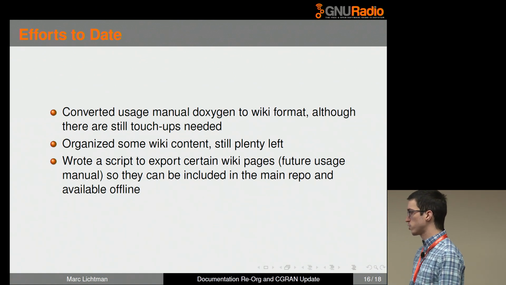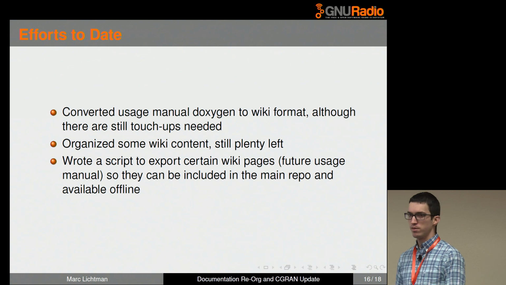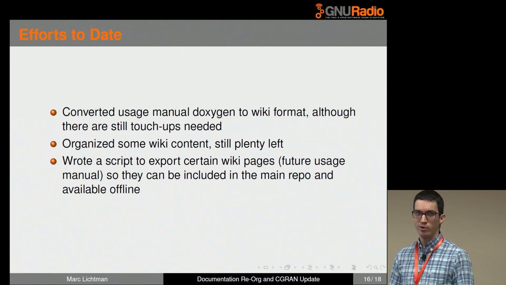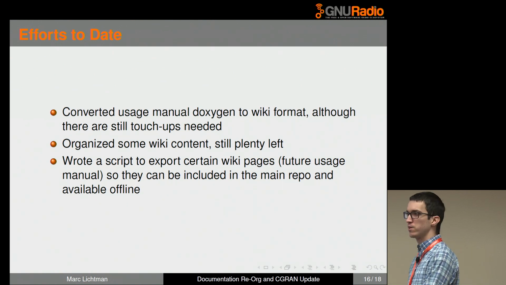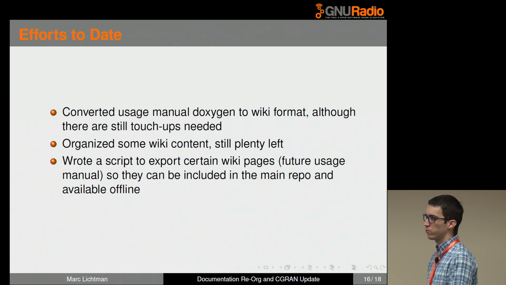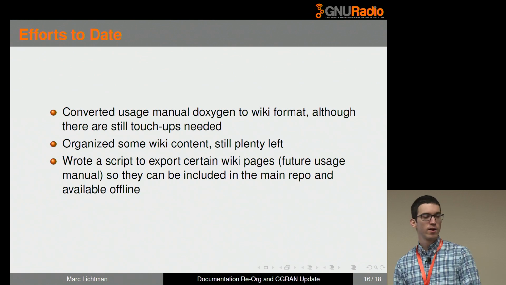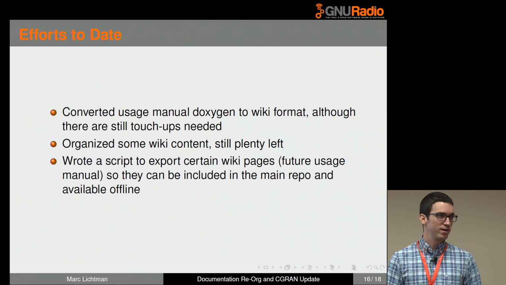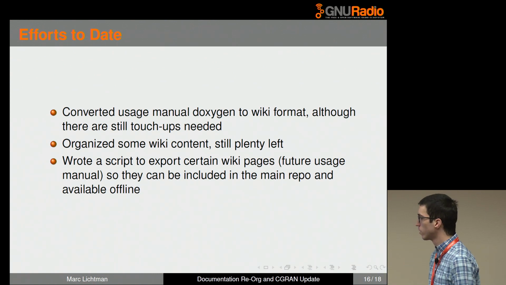And then we could periodically run that and include them in the main repo, so that if someone went to look for the usage manual where it's always been, that's what they would see. It looks very similar to how you would see the usage manual if you opened it up in a text editor. But of course, it's not going to render in HTML like it currently does, locally at least.